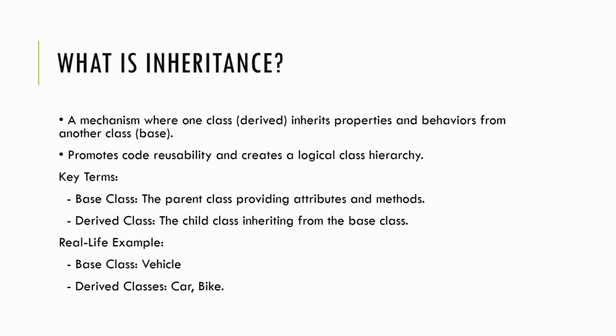Derived class, the child class inheriting from the base class. For example, imagine a vehicle as the base class and its derived class could be car and bike. This allows shared properties like speed or fuel capacity to be defined once in the base class and reused by the derived classes.